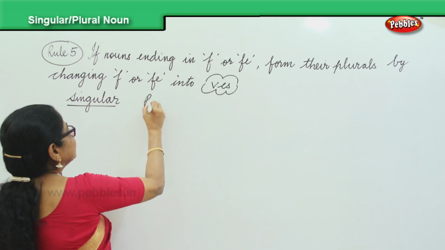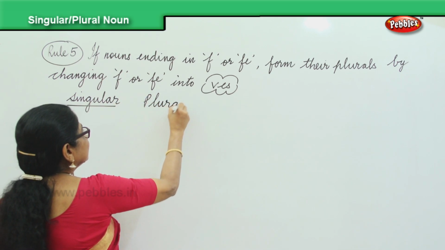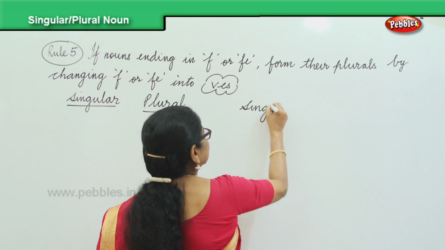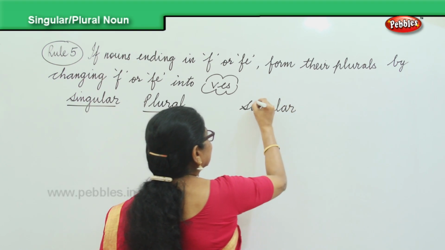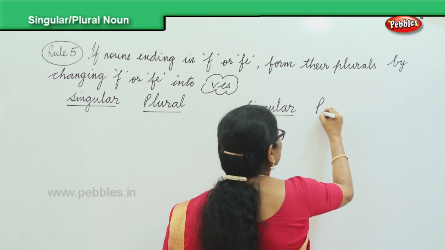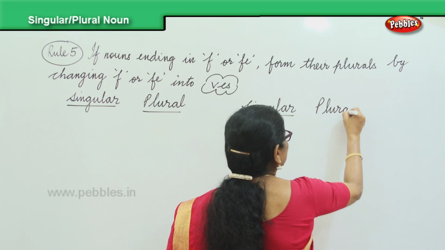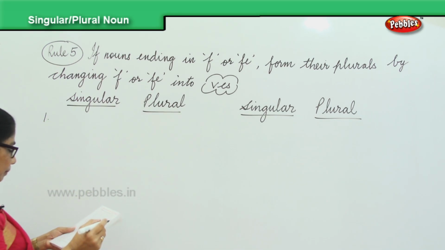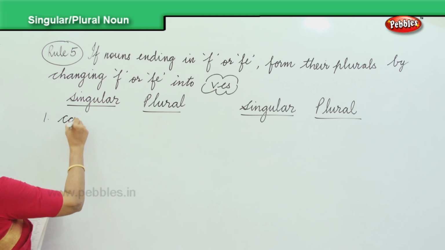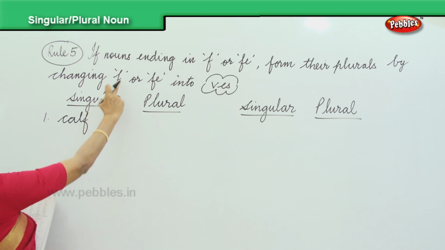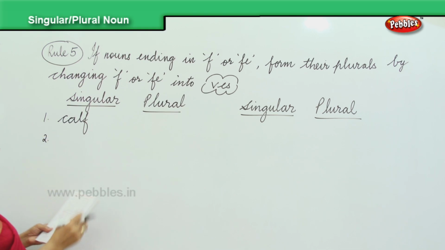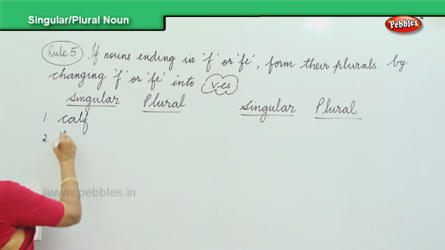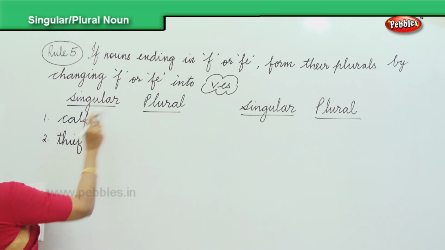Plural noun. So, let's look at it. Calf, ending in F. Then thief, F.